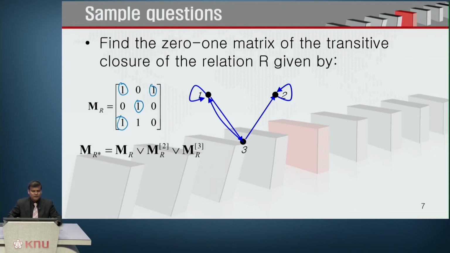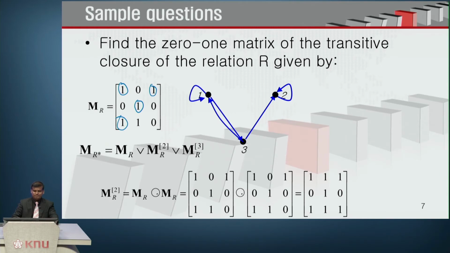So here M_R* equals M_R or M_R^2 or M_R^3. Because we just have 3 nodes here, while we talked about n nodes in the previous slide, in this particular graph we have only 3 nodes. So how do you find M_R^2?